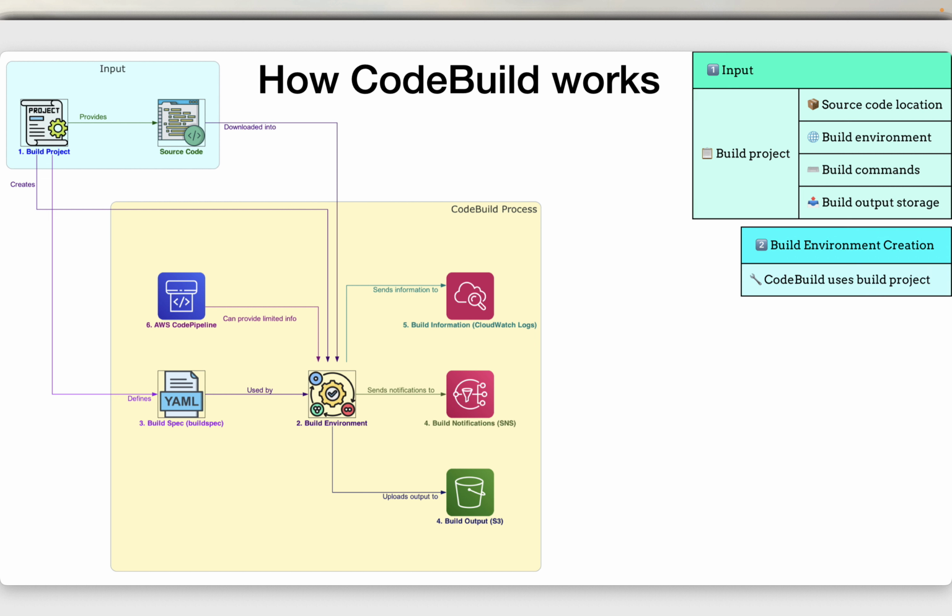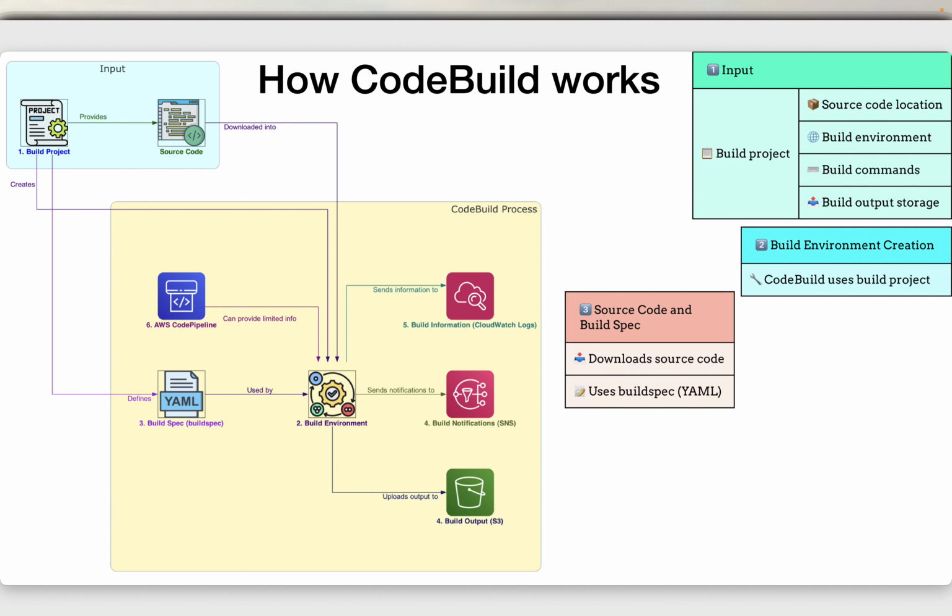CodeBuild uses the build project to create the build environment. CodeBuild downloads the source code into the build environment, then uses the build specification, which is the buildspec.yaml, as defined in the build project or included directly in the source code. A build spec is a collection of build commands and related settings in YAML format that CodeBuild uses to run the build.